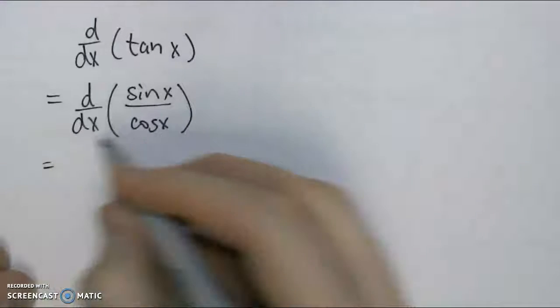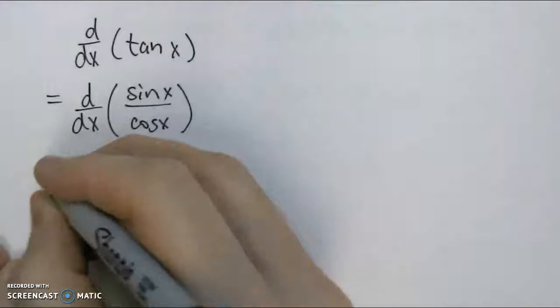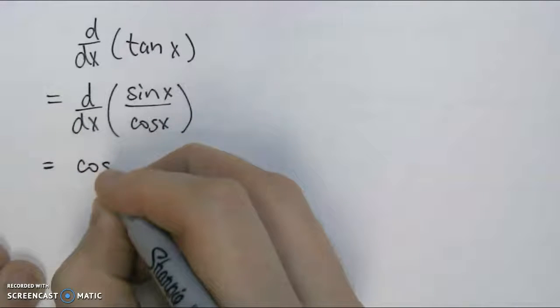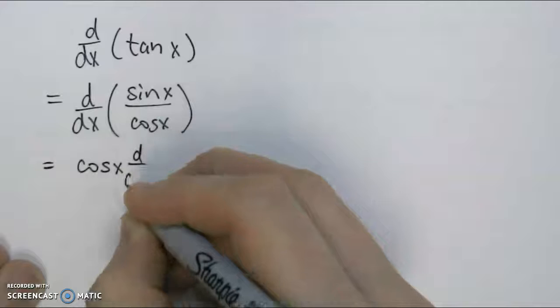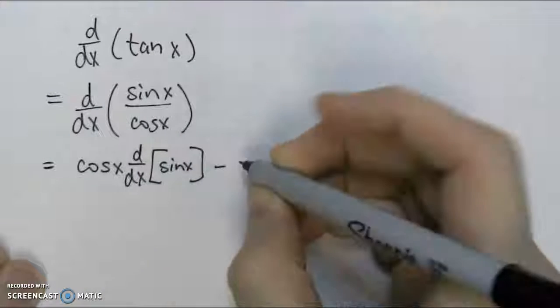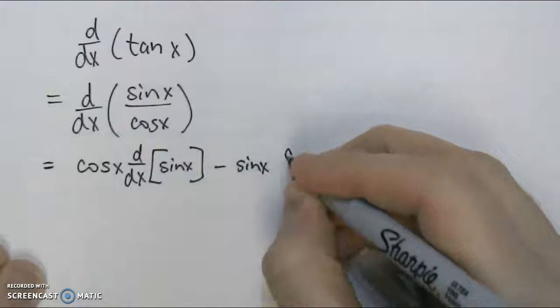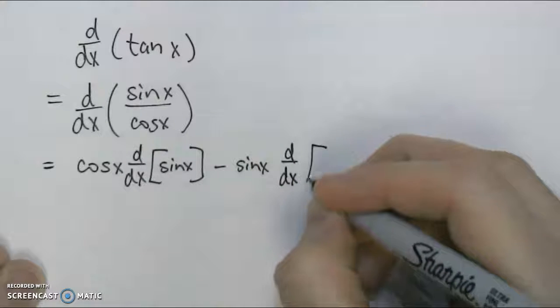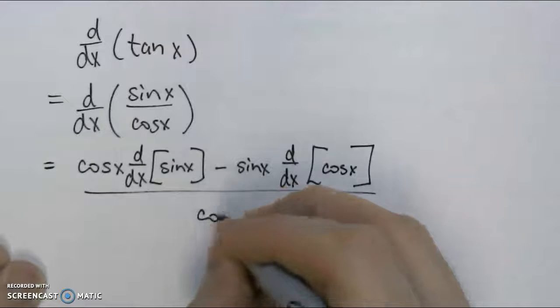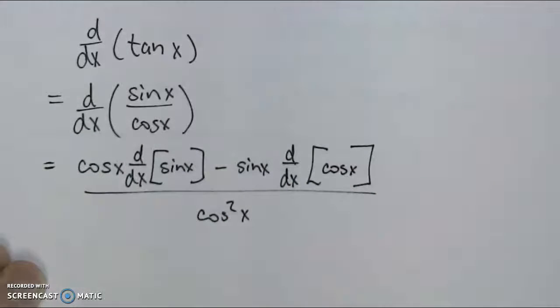That's a quotient, so we're going to have to use quotient rule. So the derivative of this is equal to low d high minus high d low, square the bottom, and away we go. So that is equal to that.